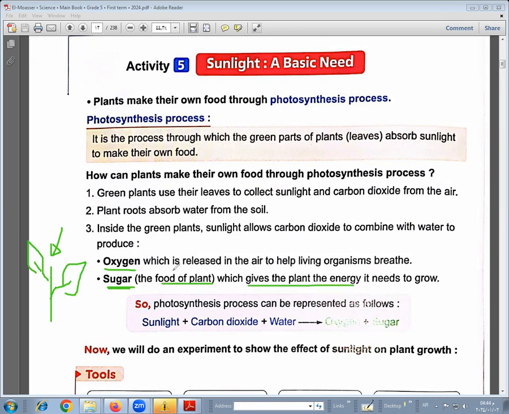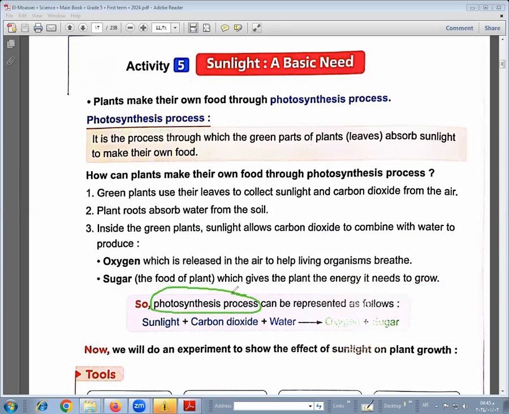Anyone, when he eats any food, if you ask why you eat food, he will say, to give me energy. Also the plant, when it makes food, makes this food to get energy to grow. So we can summarize that. What is the photosynthesis process?